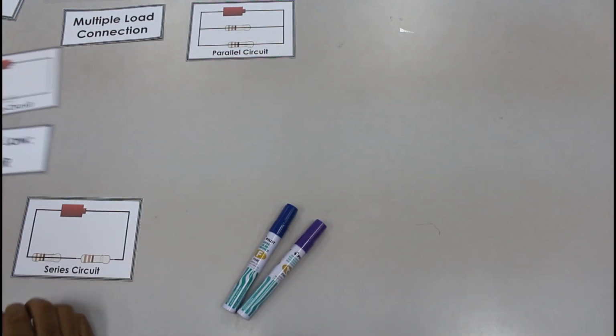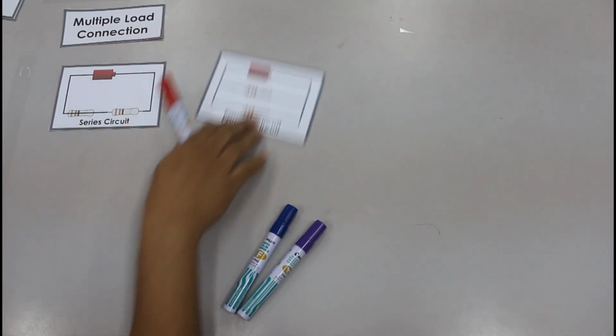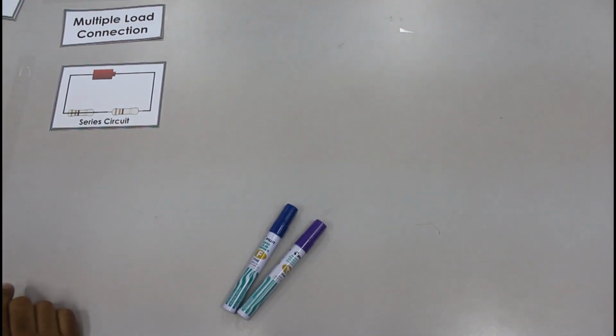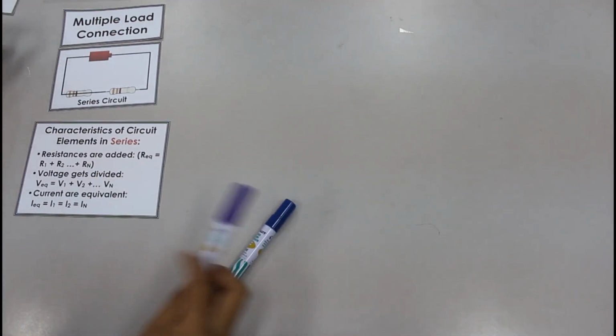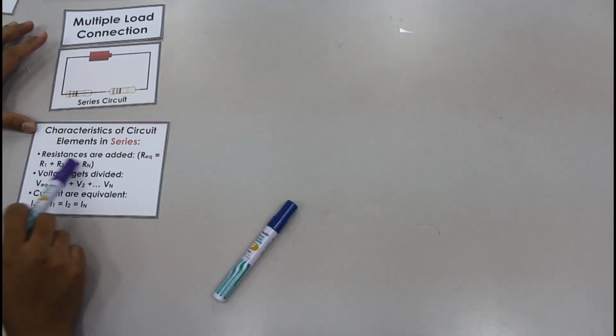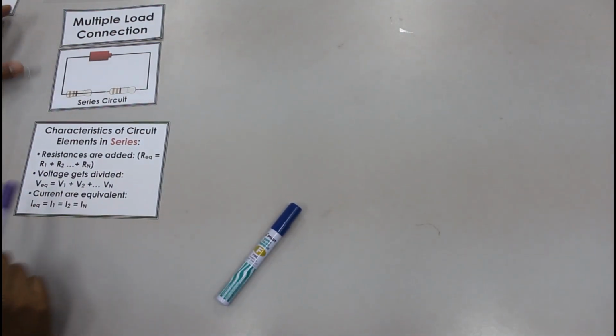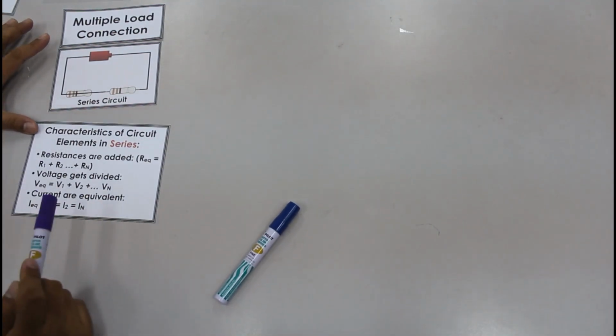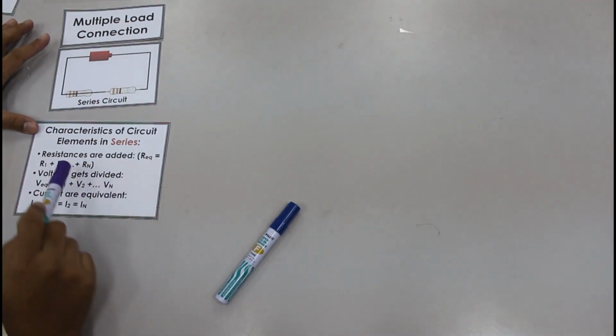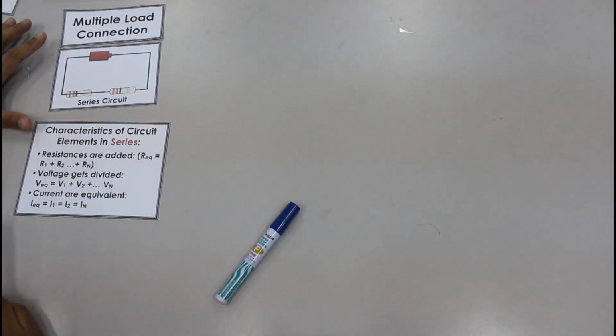First, we'll focus our attention on series circuit and describe the following characteristics. First, in a series circuit, resistances are added. So if there are two or more resistances, we simply add R1 plus R2 and so on.